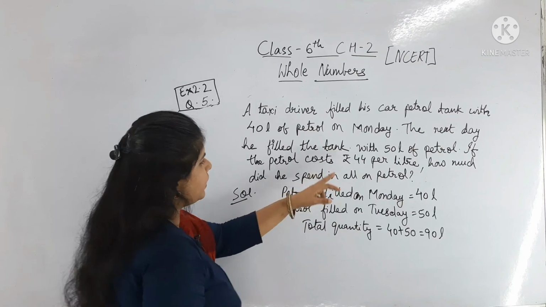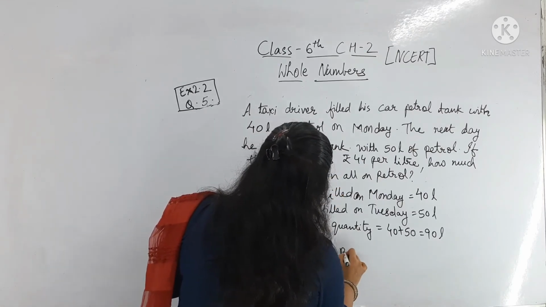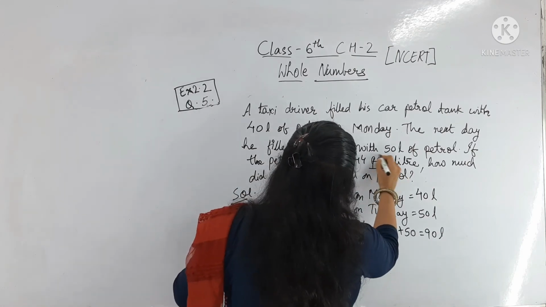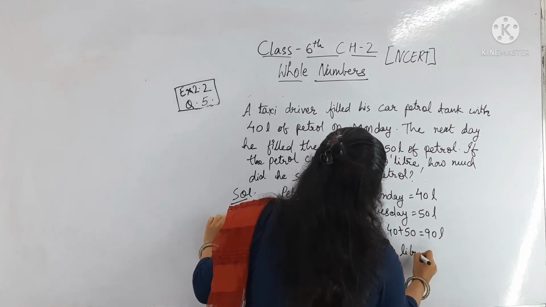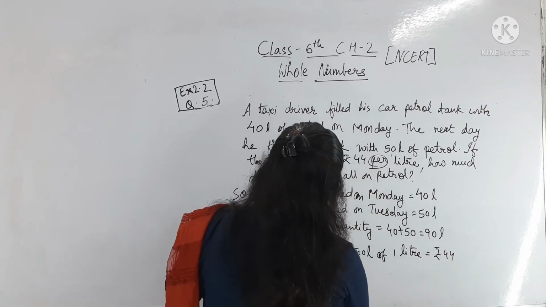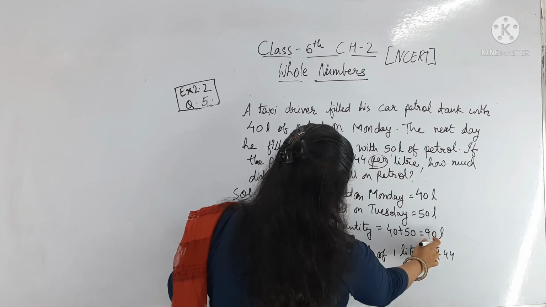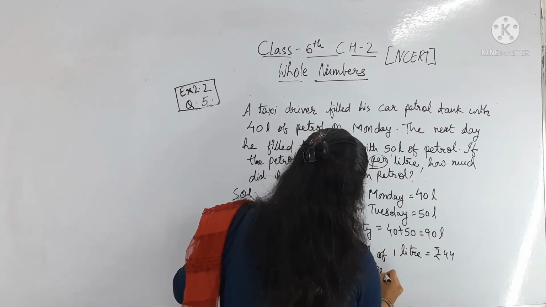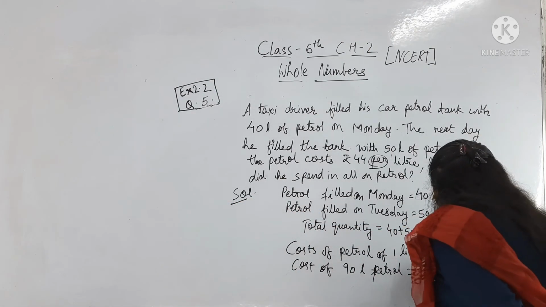Cost per liter. Here cost of petrol per 1 liter is equal to rupees 44. So cost of 90 liter petrol is equal to 44 into 90.